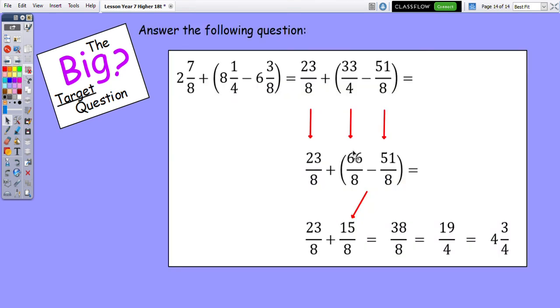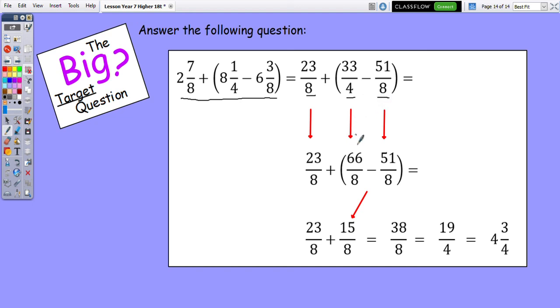Right, here we go. This is what I got. I'll quickly explain it. This is the question. I converted all of these numbers to improper fractions. So 2 7/8 becomes 23/8. That becomes that, and that becomes that. So I changed them all, or converted them to improper fractions. And then I thought about getting the denominators to the same number.